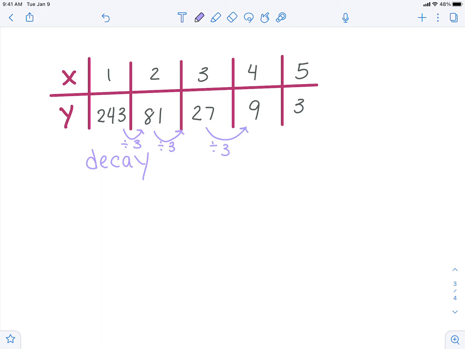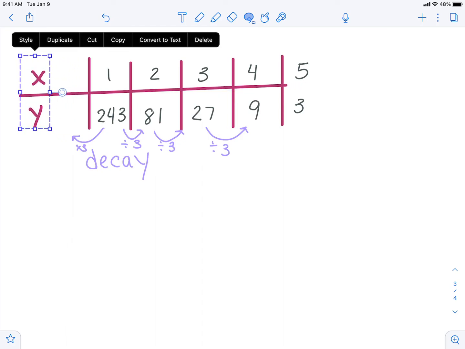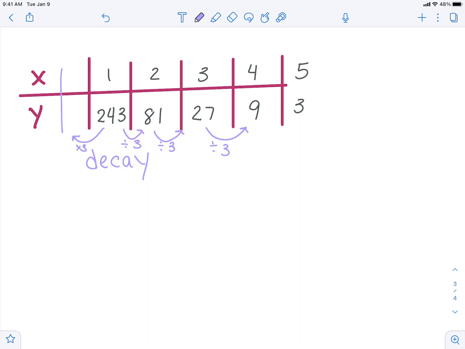So if I know I'm dividing by 3, if I've got to go backwards, I just have to multiply by 3 to find out what's happening if I wanted to extend my table, right? And make a 0 column. If I do 243 times 3, what do I get? 729.